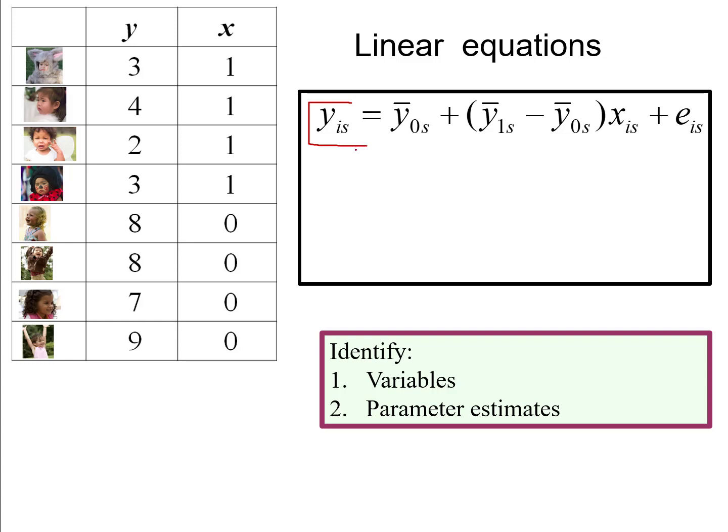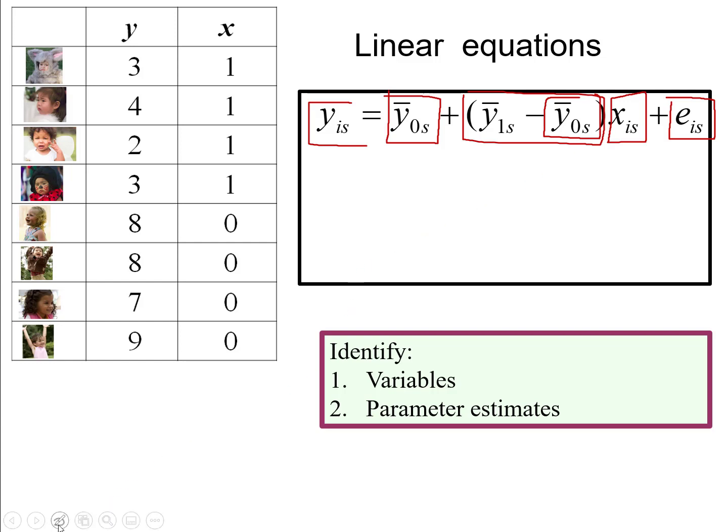That is y subscript is, is equal to the mean for group 0 from sample s, that is y bar with a subscript 0s, plus the difference between the two means, that is the mean for group 1 from sample s, y bar subscript 1s, minus the mean for group 0 from sample s, y bar subscript 0s, times the score on x for individual i from sample s, plus the error for individual i from sample s. So that is our linear equation for variance in our sample.